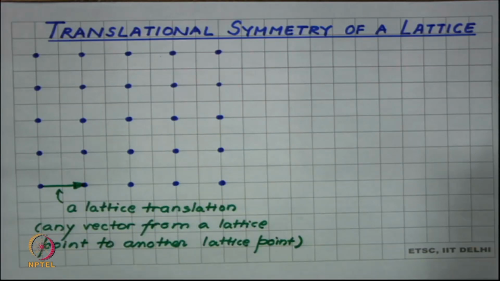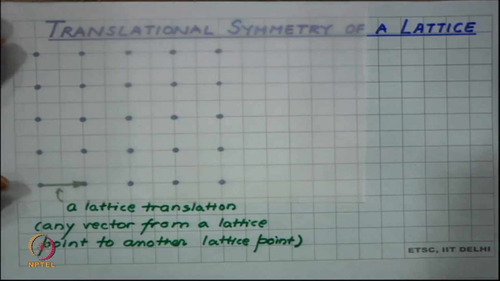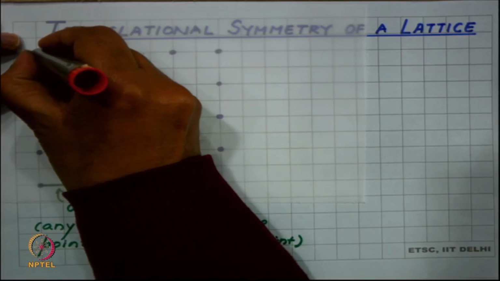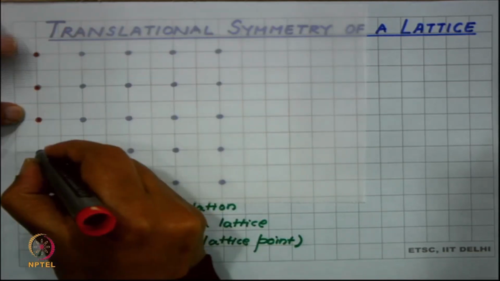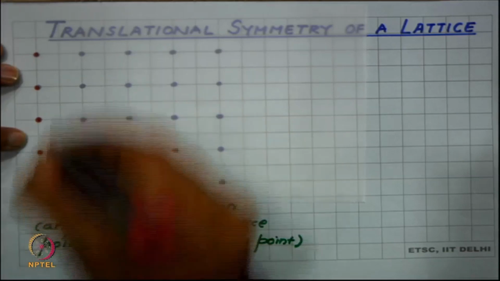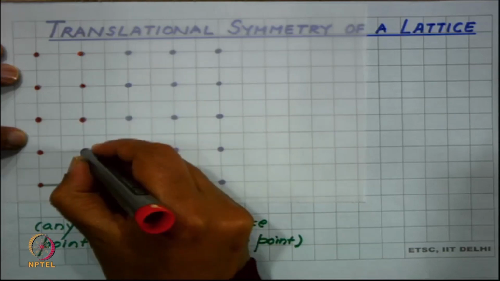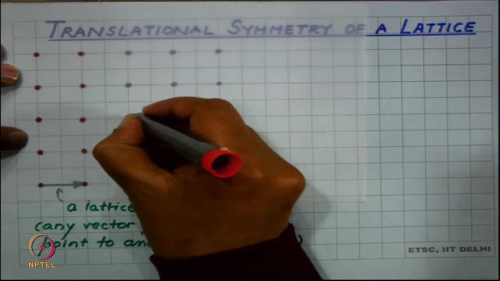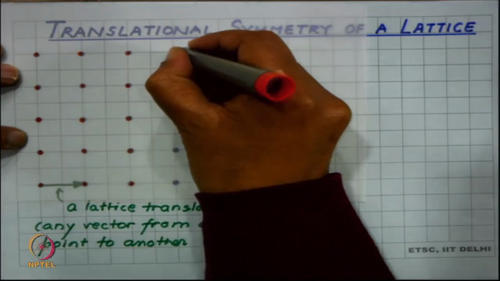Let me illustrate this with the help of this transparent sheet. I put this transparent sheet and make a copy of this lattice on it. I am copying it in red, so that the original and copy can be seen distinctly.